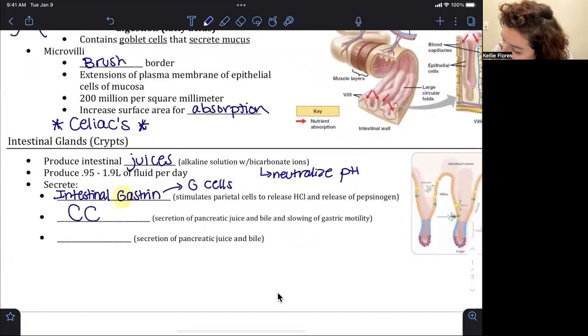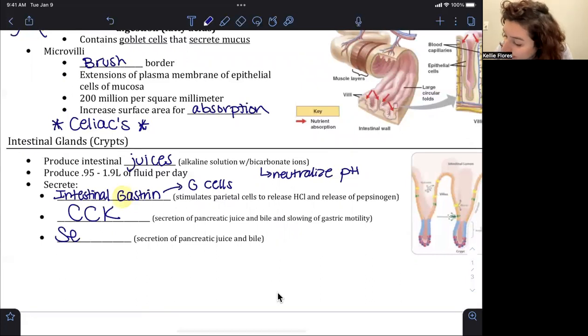CCK is next. CCK stands for cholecystokinin. It's a very long word that just means it helps us stimulate digestion of fats and proteins. So what it'll do is it'll help promote secretion of pancreatic juice and bile and the slowing of gastric motility.